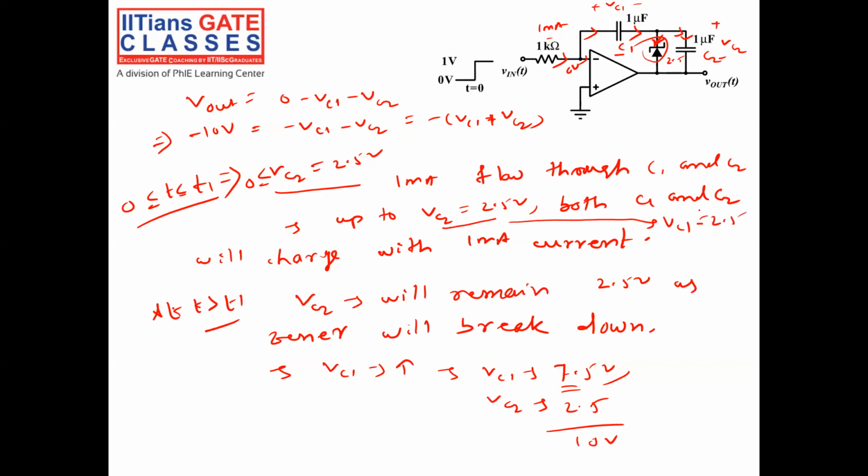After T1, VC2 will remain at 2.5 volt only because the Zener will break down. Then VC1 will go on increasing. When it reaches 7.5 volt, V out will be equal to minus (VC1 plus VC2), which is minus 10 volt.